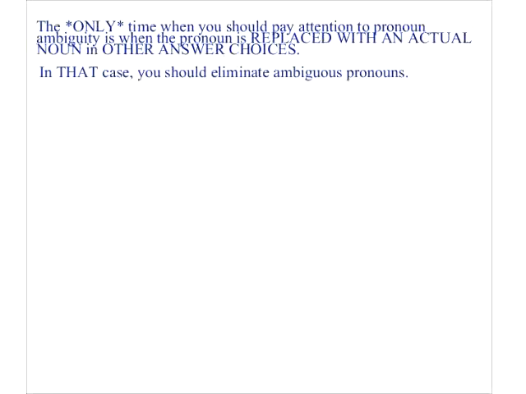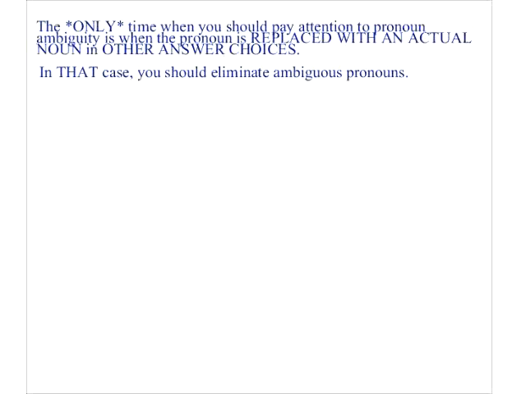So let me give you a couple of examples. These are problems from the OG Verbal Supplement, but they've also appeared in GMAT Prep, which makes them legitimate to use here.